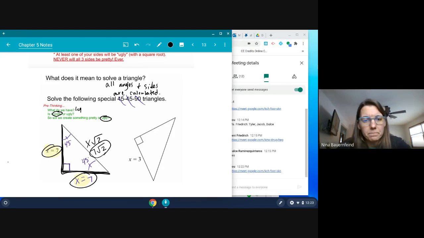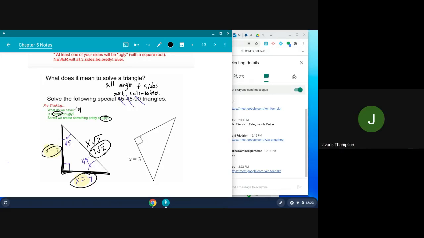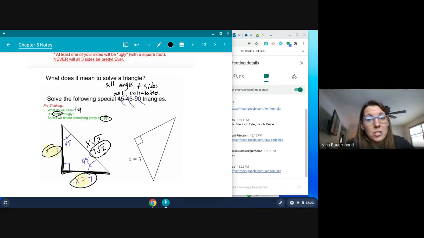All right, next one: do we have a leg or hypotenuse? We actually have a leg. The hypotenuse is going to be, this kind of points to it, like an arrow. This one's the hypotenuse. So this one is a leg because it's just the x.